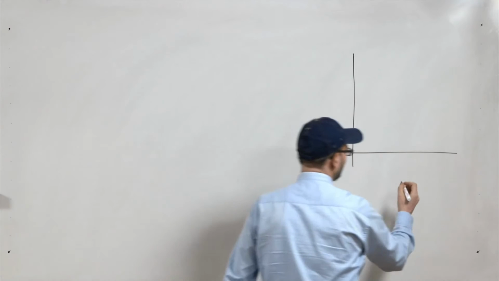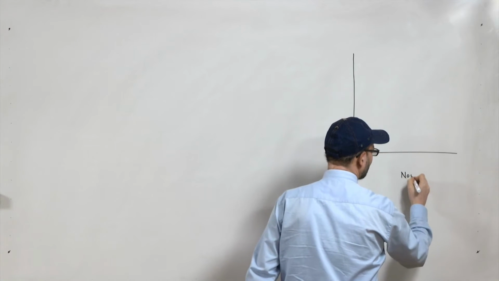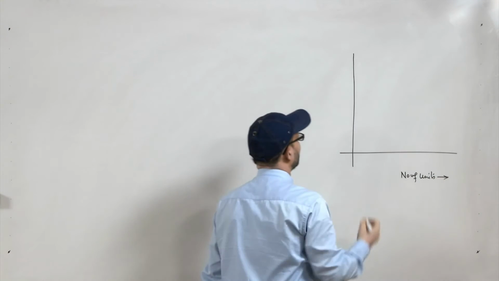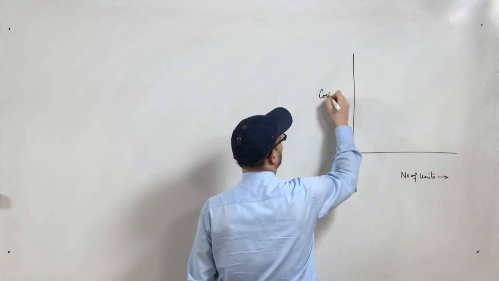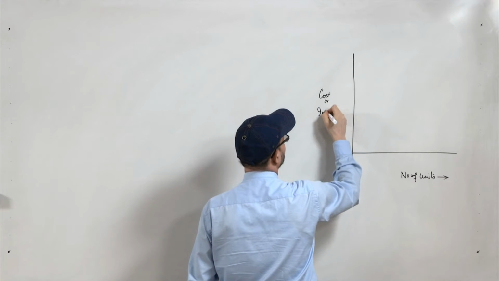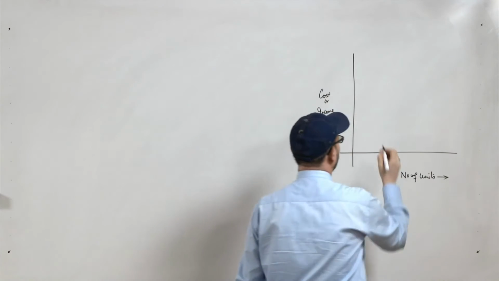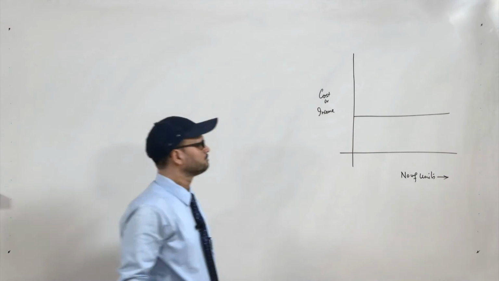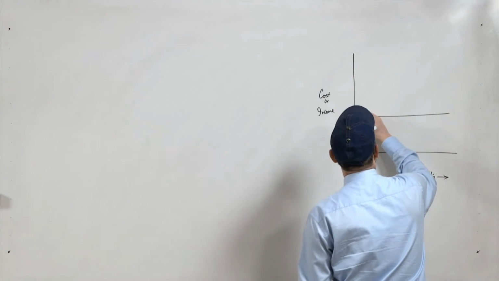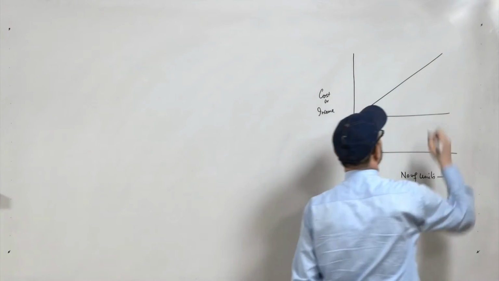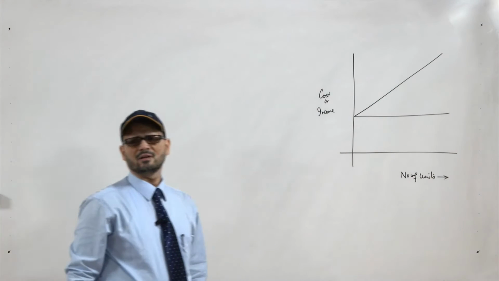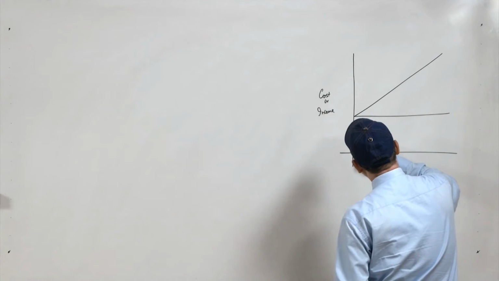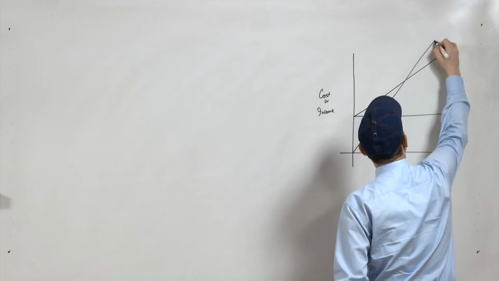So, if this is the number of units produced and this is the cost or income, then there is a fixed cost line and also a variable cost per unit line. Now, we have an income line which goes like this.